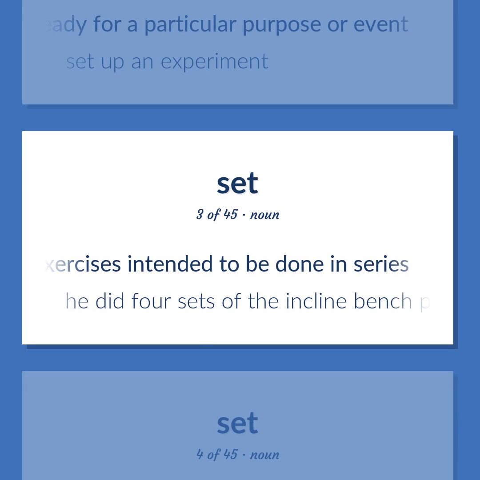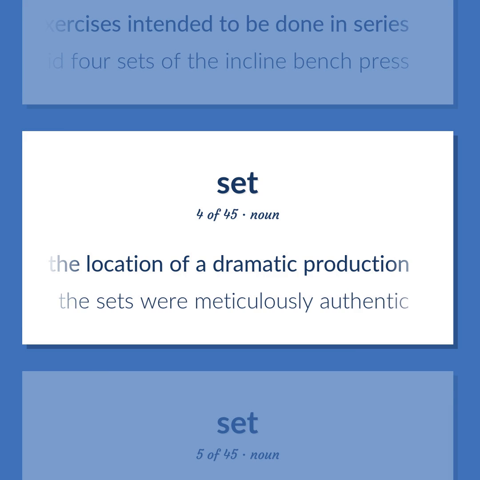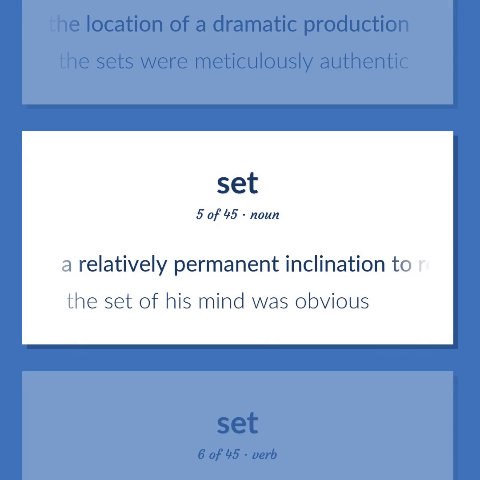He did 4 sets of the incline bench press. Representation consisting of the scenery and other properties used to identify the location of a dramatic production. The sets were meticulously authentic. A relatively permanent inclination to react in a particular way. The set of his mind was obvious.